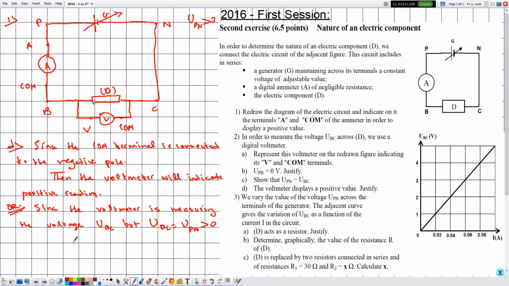So the voltage measured by the voltmeter is given by UBC, which is positive.